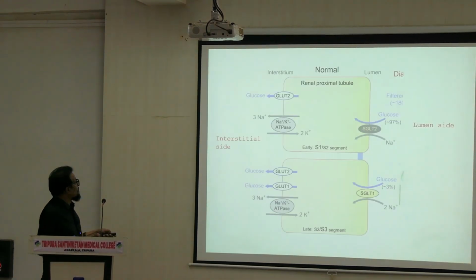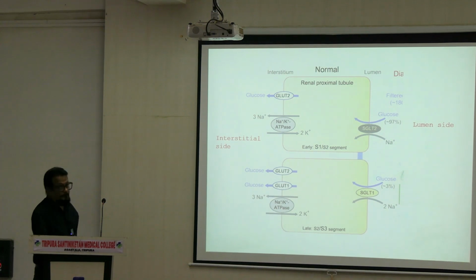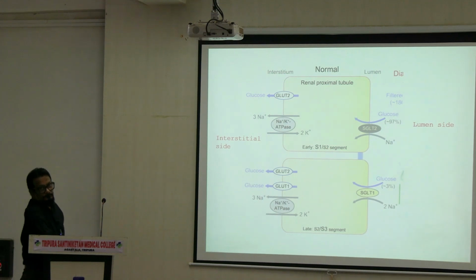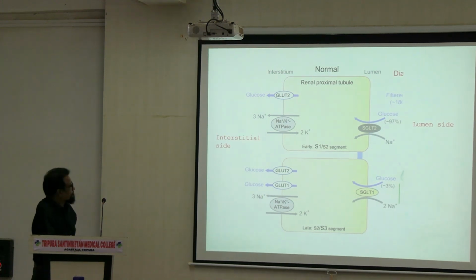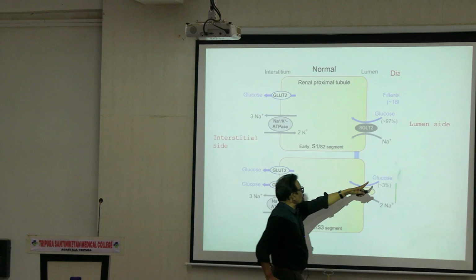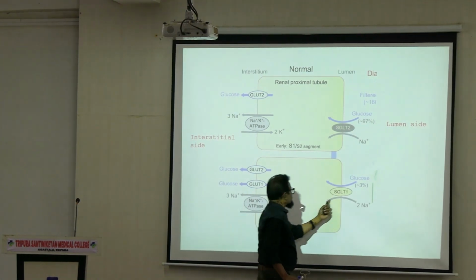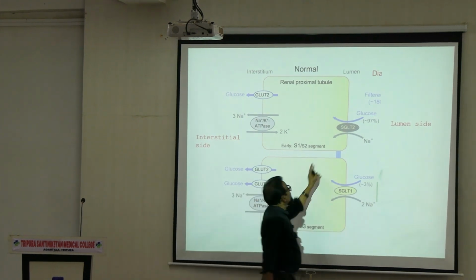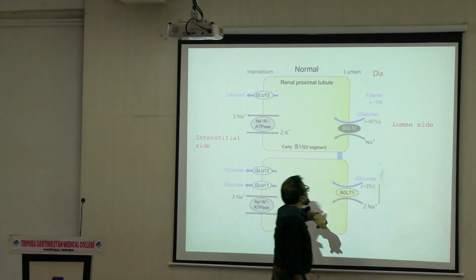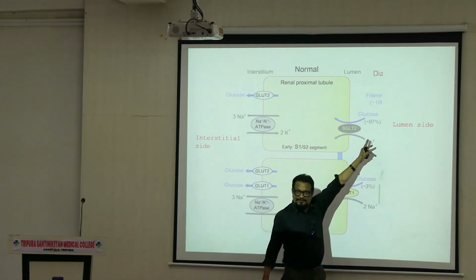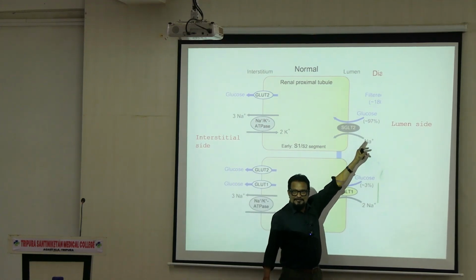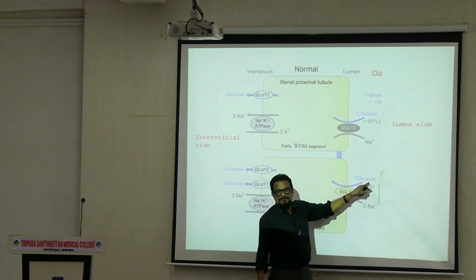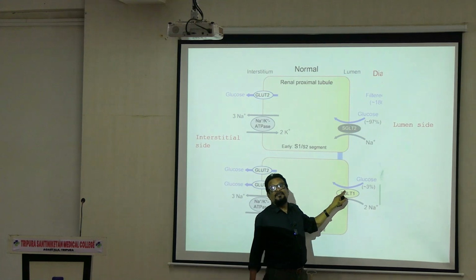Okay. Now see, any problem in understanding this? Follow this. SGLT1, for one glucose molecule, sends 2 molecules of sodium in, whereas SGLT2 sends 1. And 97% of glucose is absorbed by SGLT2, and only 3% is SGLT1's contribution, which is very less.